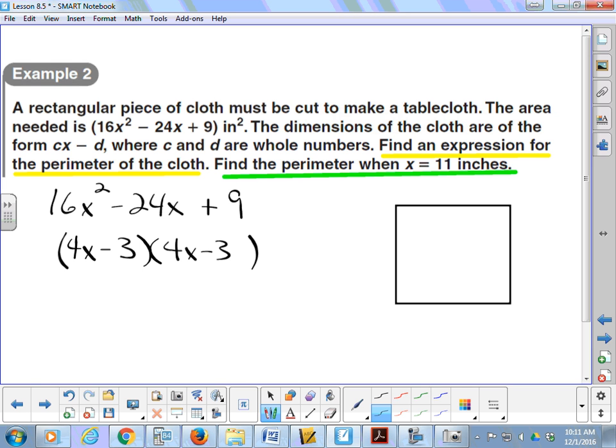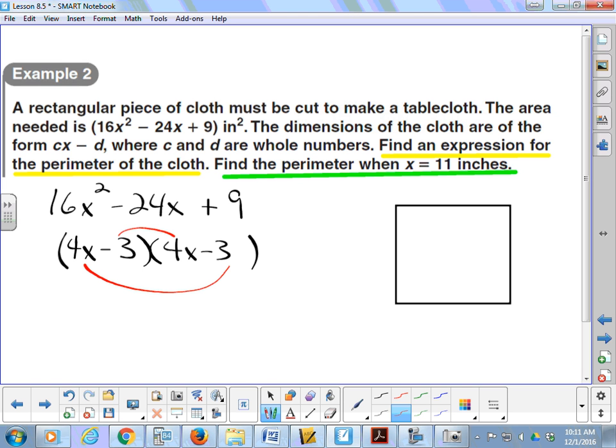Because 4x is squared here, and 3 is squared there.